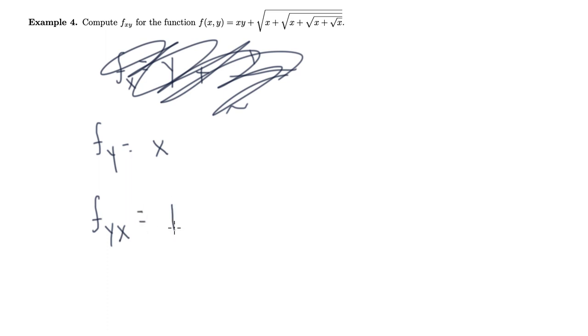Now wait a minute, this is not answering the question that this asks for. It says compute f(x,y). So take the derivative with respect to x, and then take the derivative with respect to y. But here, I've taken the derivative of f with respect to y, and then with respect to x. But these are the same. I told you that most of the time these are going to be the same, as long as the partial derivatives are continuous.